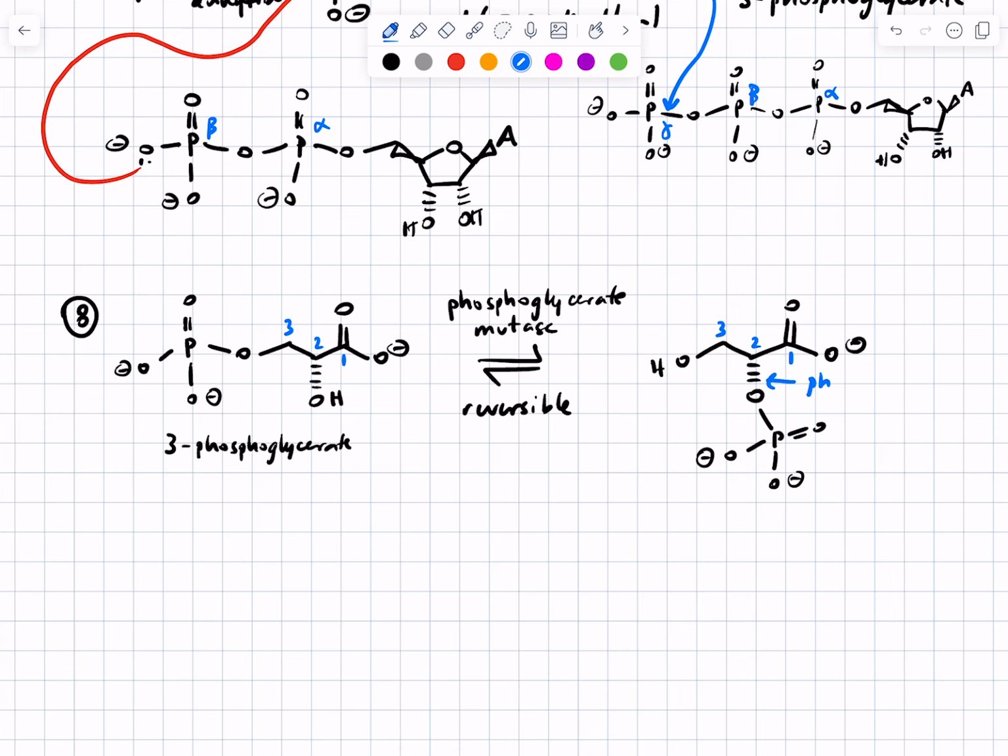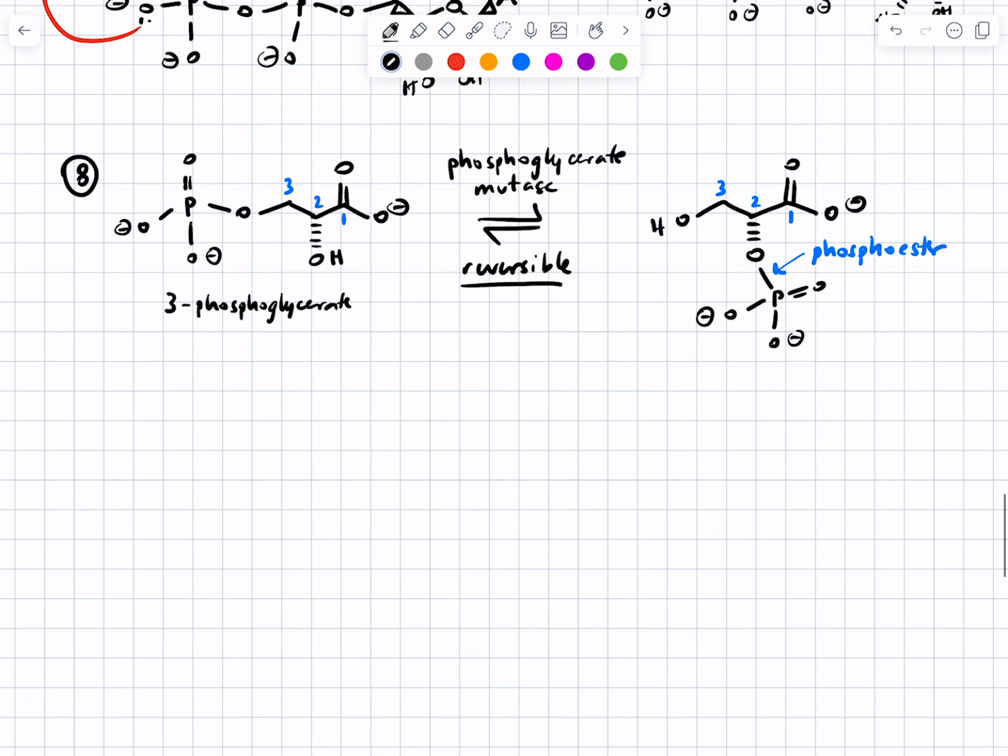That bond between the phosphate and the oxygen is still a phosphoester. And so this isn't really uphill in energy. And this reaction is again reversible. The delta G is essentially 0. But you'll see in the subsequent steps, getting that phosphate group attached to the C2 hydroxyl prepares us for something that is going to be good.